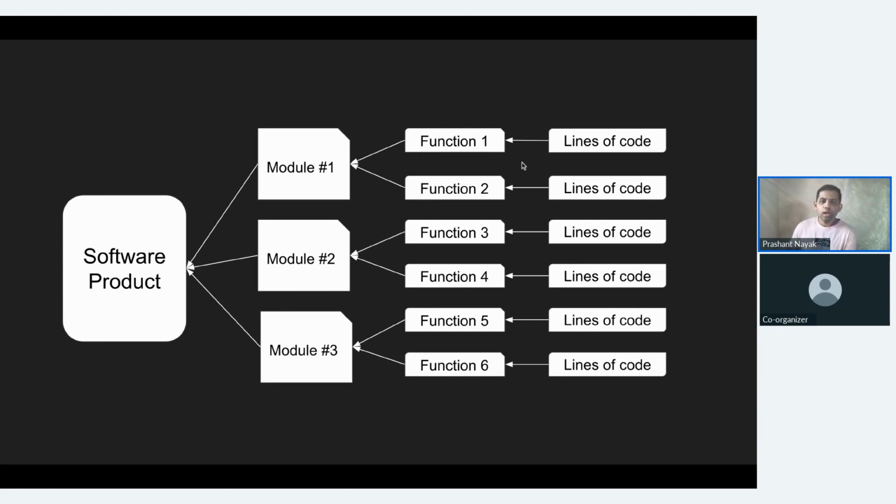When we talk about unit testing, it is basically done by a developer, at the code level or at the function level. For these functions you see here, function 1, function 2, function 3, as part of unit testing the developer tests these functions individually.